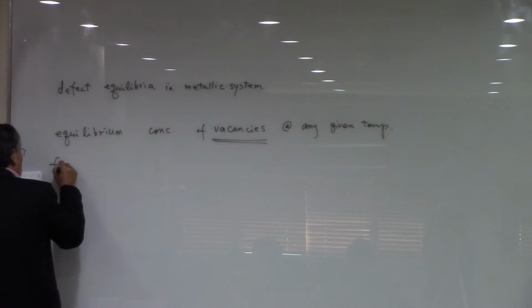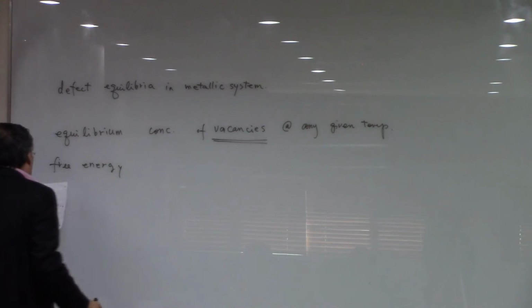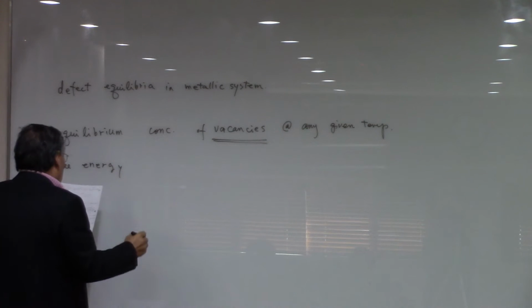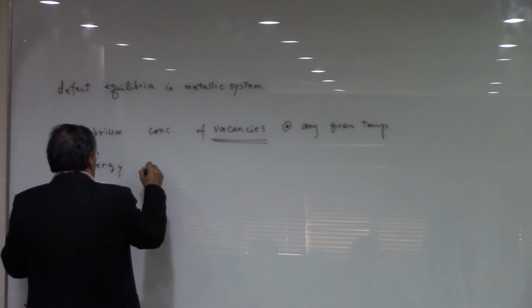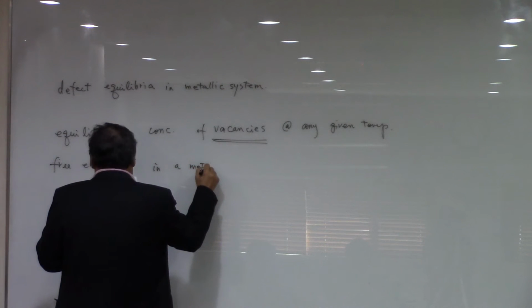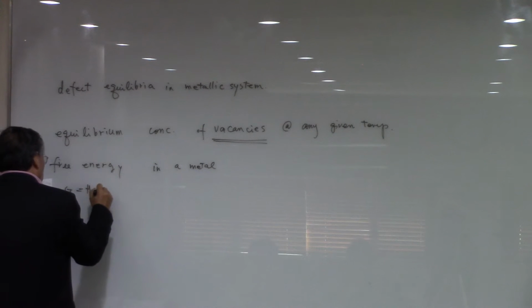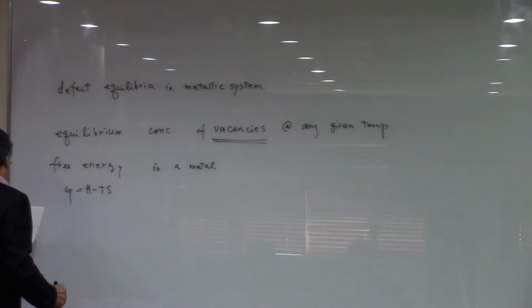The free energy of a random solid solution of a vacancy in a metal is going to be G equals H minus TS, okay?